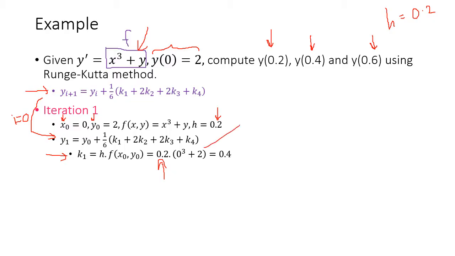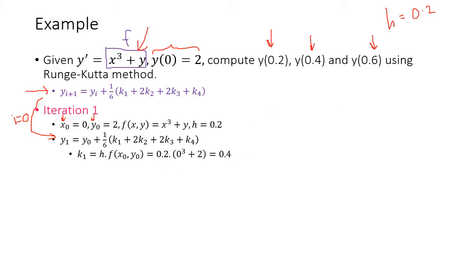The general form of the formula is x cubed plus y, which is also the right hand side of the differential equation given. So we are evaluating this at x0 comma y0. So x0 is 0 and y0 is 2, so that's why we have got that expression, and finally the value of k1 comes out to be 0.4. Okay, so let me clean it up.